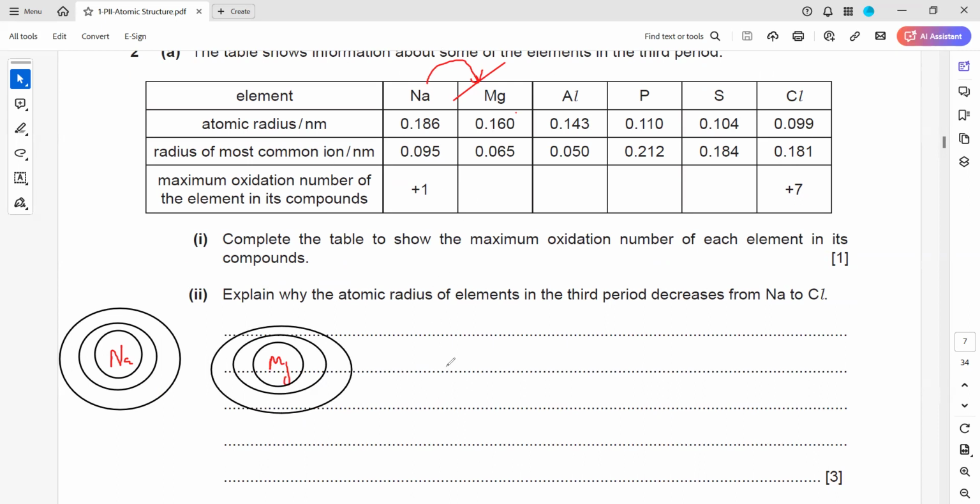Then aluminium, first shell 2. So across the period, the shielding effect remains the same except for group 1 and 2, because the orbitals of group 1 are different compared to group 2, like group 2 and 3 actually.